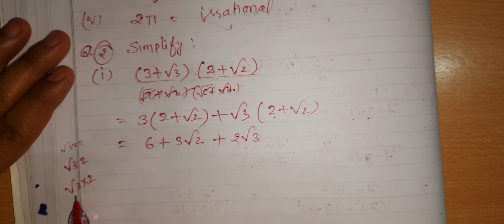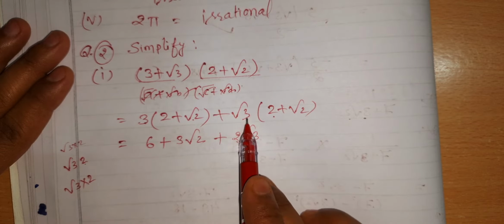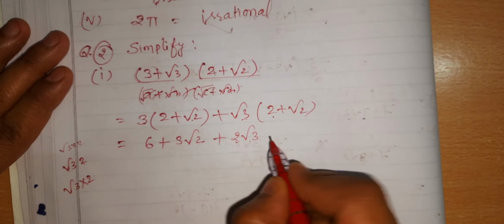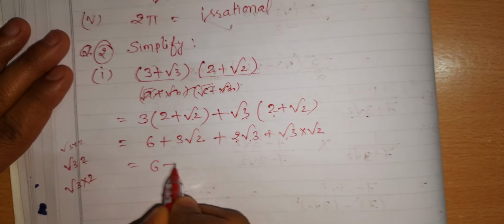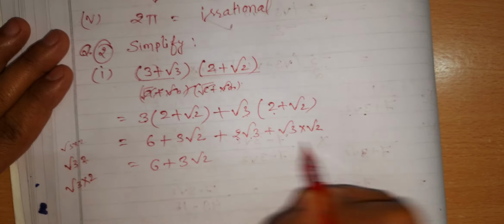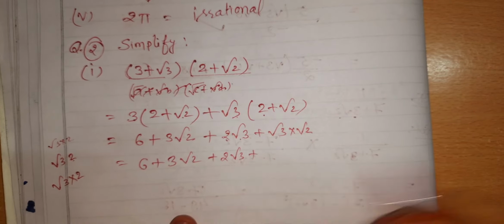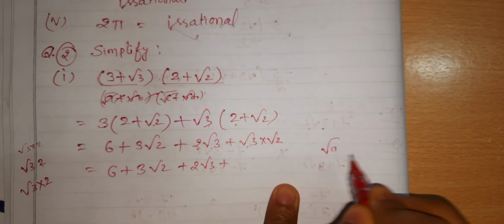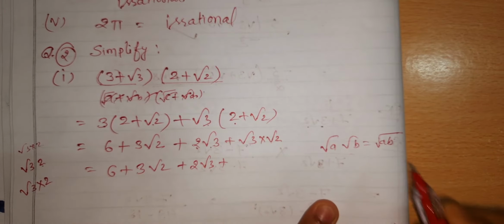We'll write 2 multiplied by root 3, and plus root 3 multiplied by root 2. So how to multiply this root 3 and root 2? This identity: root a multiplied by root b is nothing but whole root of ab.